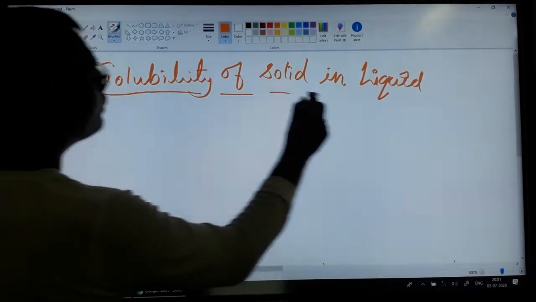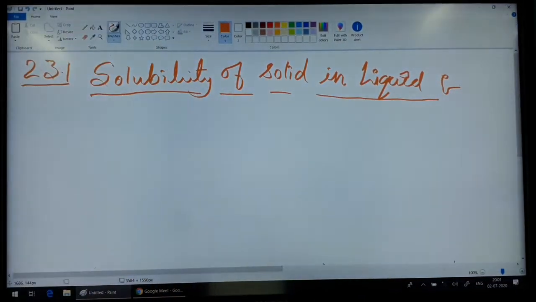Solubility of solid in liquid is the next topic.